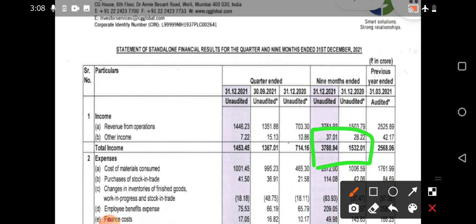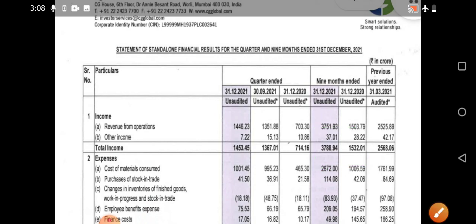This year the total income is somewhere around 3778.94 crore, but compared with the previous year, it was only 1532. So you can see a double increment in the total income, which is a very strong indication as we compare on a year basis.